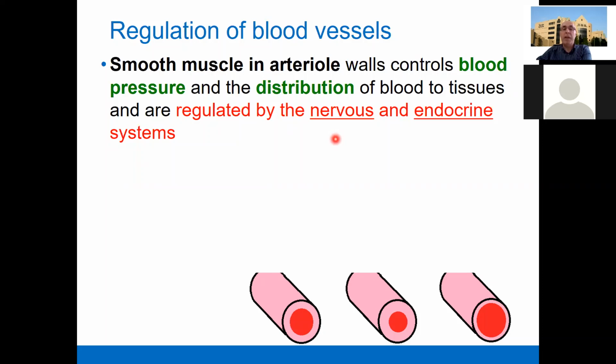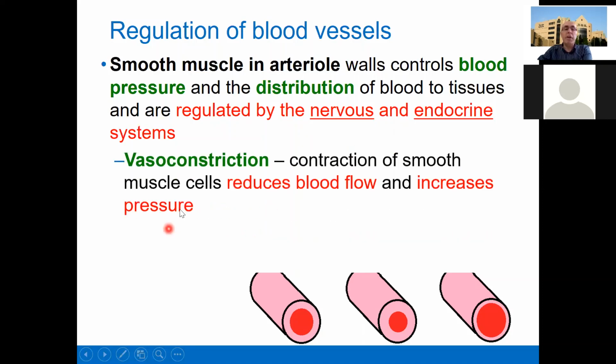Keep in mind, the nervous system and endocrine system are really important because they are also related to sensory systems, to respond to any change in our body or to the environment. The nervous system and endocrine system are also responsible for blood regulation.